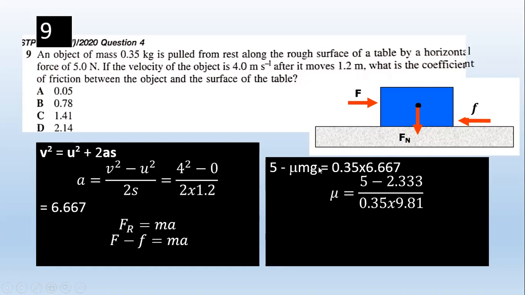Okay, then we can put in your values and calculate this one out. Take this one across to the other side. So it's 5 minus this value, divided by mg. m is 0.35, g is 9.81. Get your answer. The answer is B.